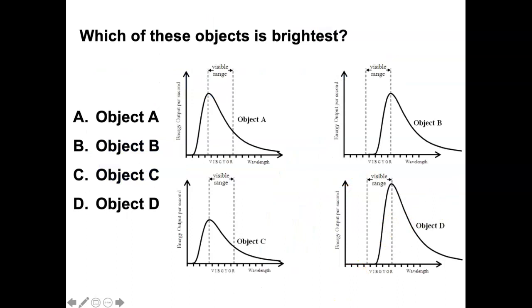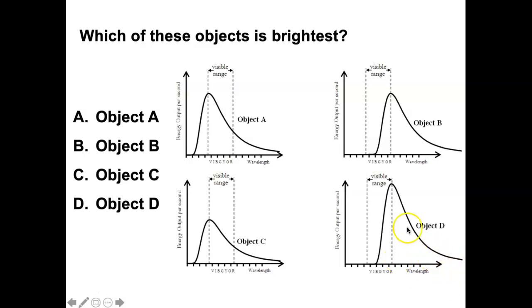So look at this. Which of these objects is brightest? Well, the highest luminosity star must be the one whose graph has the greatest area under the curve. Which of these has the greatest area under the curve?